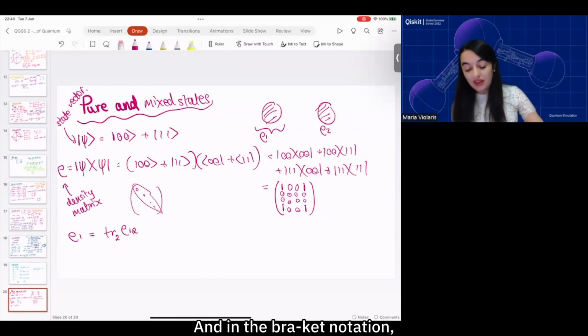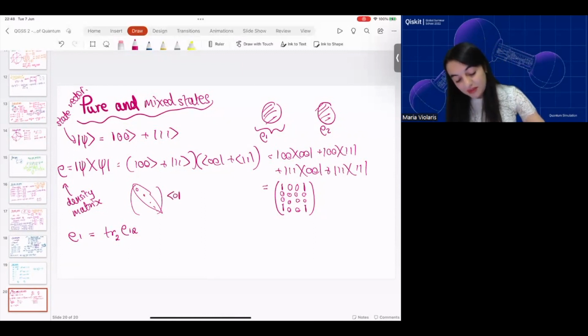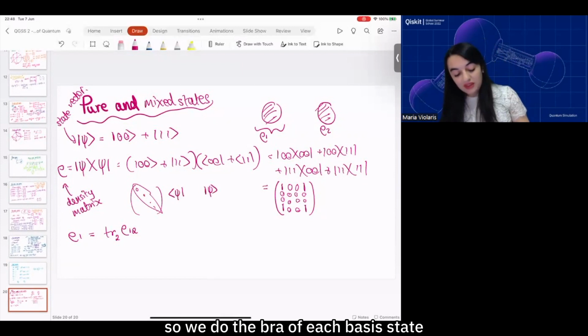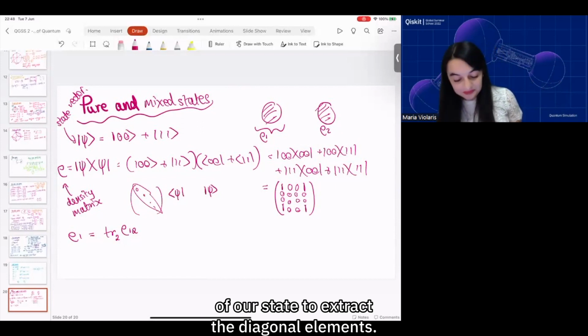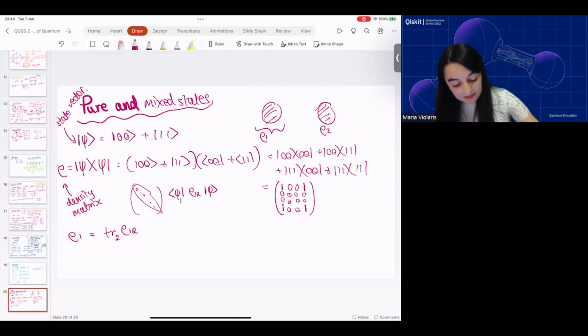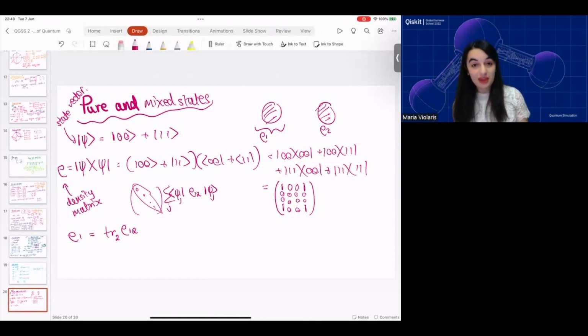In the bracket notation, we do the bra of each basis state and the ket of each basis state on either side of our state to extract the diagonal elements, and then we add them together to get the trace of a matrix.